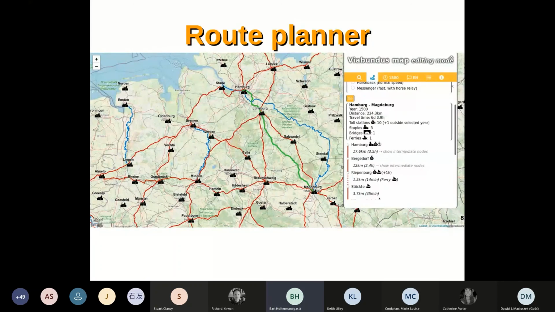At the moment, the travel time calculation is only possible for land routes, but for water routes, this is not possible yet because there are so many more factors that are difficult to include in the calculator, such as flow velocity or water depth, wind directions, and such things.